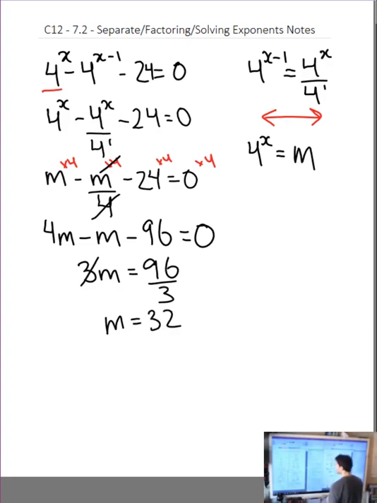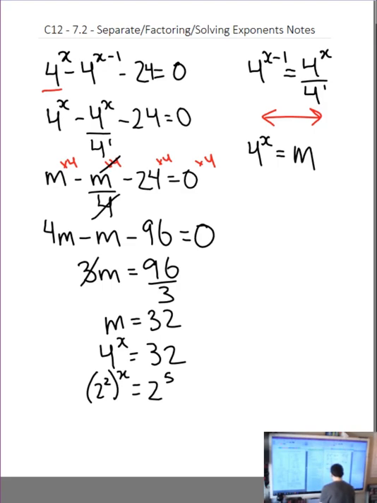Now I need to take what I put in for m, so 4 to the x is equal to 32, and I know that 32 is 2 to the 5, and I know that 4 is 2 squared to the x, so I can simply multiply my exponents together, and I can make my exponents equal to each other.